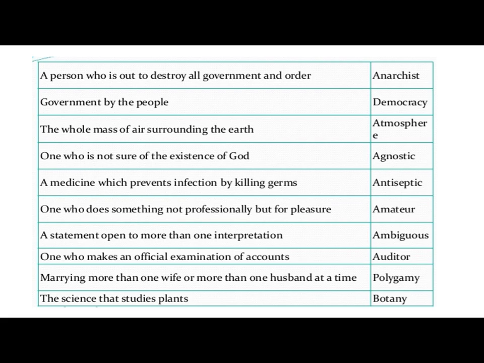A person who is out to destroy all government and order is called an anarchist. The government by the people is called democracy. The whole mass of air surrounding the earth is called atmosphere. One who is not sure of the existence of God, agnostic.